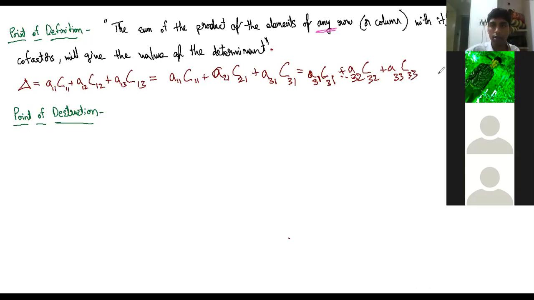Are all of you understanding? इसका मतलब क्या है? मतलब all of you know how to solve determinant. You know how to solve determinant now? All of you must be knowing. So this definition is telling you can always go about a row. You can go about any row, or you can go about any column also. Okay.